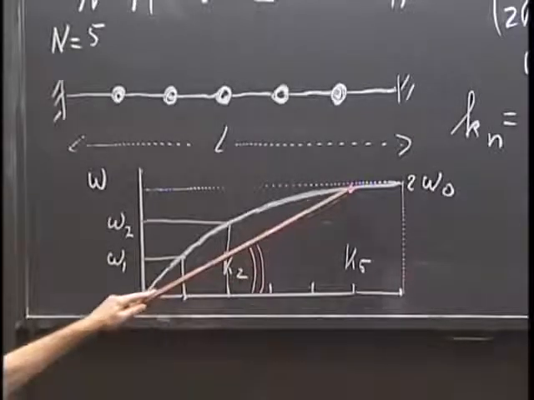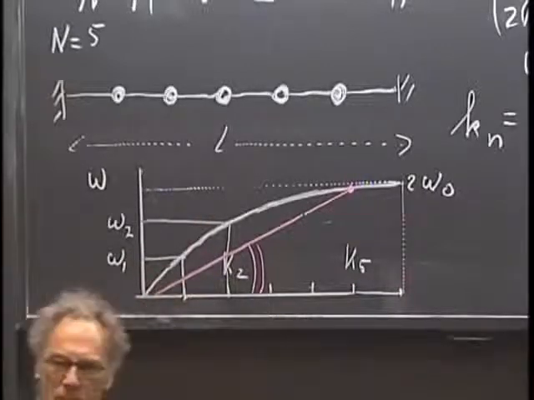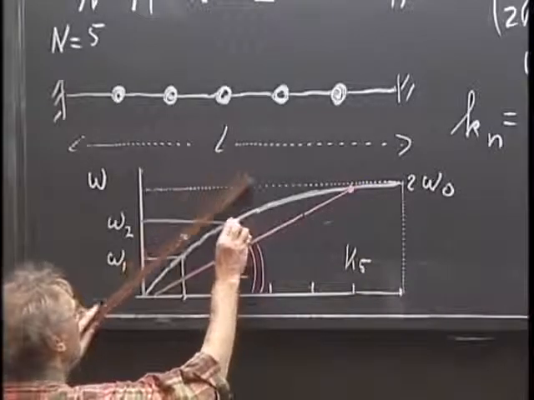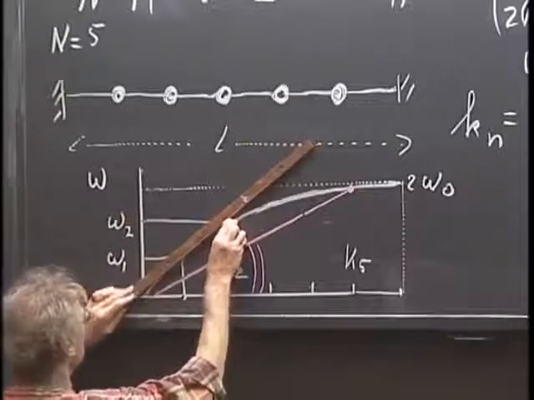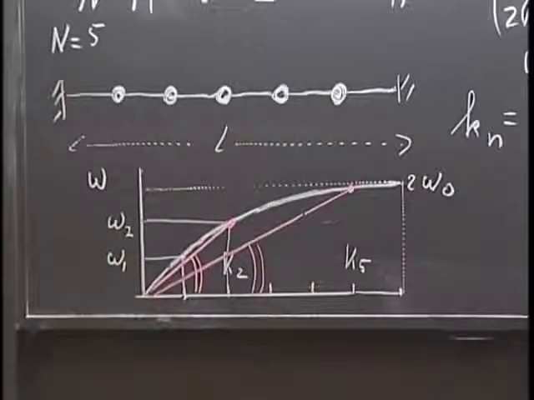So the slope is a measure for the propagation speed. And you see that if I go to this point here, and I draw this line, the slope is larger, and so the speed is larger.